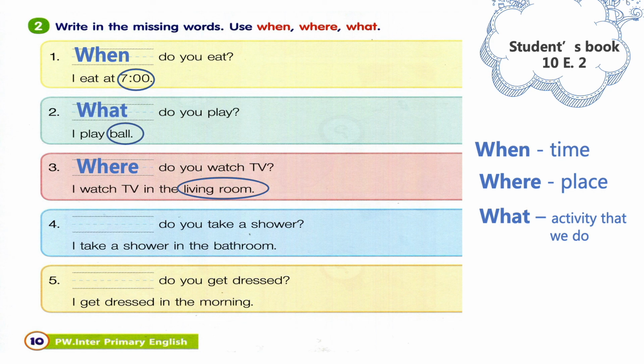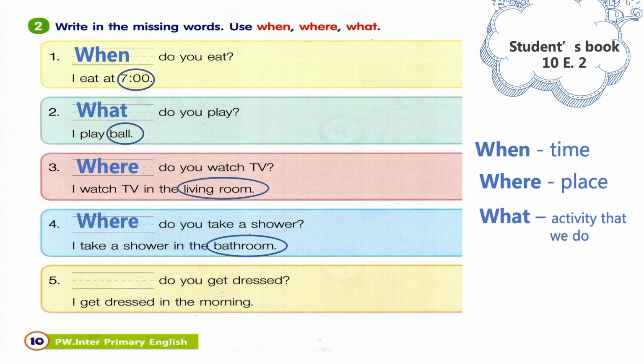Next, number 4. Blank, do you take a shower? I take a shower in the bathroom. What's the answer, students? The answer is where. Why is it where? It's because of the bathroom.